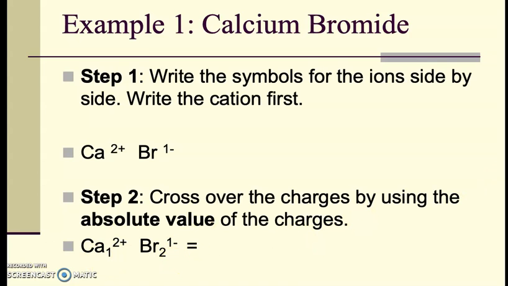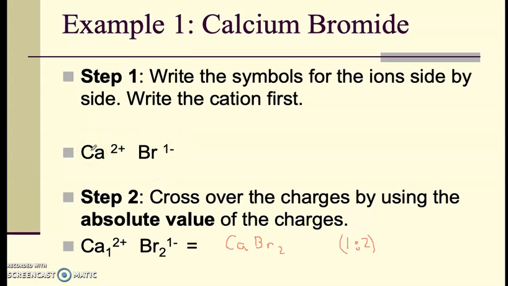So in this case, it's going to become CaBr2. It's a 1-to-2 ratio, 1 calcium for every 2 bromines. Calcium has a 2+, bromine has a 1-, so you need 2 bromines to neutralize the 1 calcium.